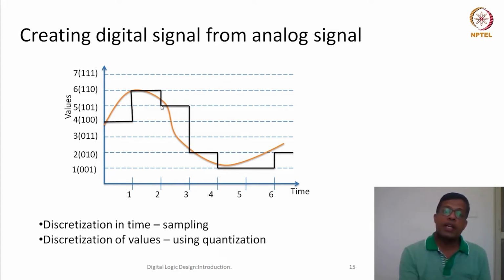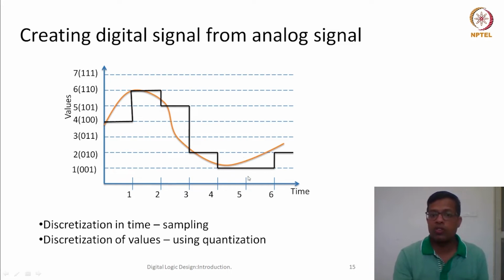we made this digital signal equal to 5 at time equal to 2, and at time equal to 3, now it is closer to 2 than to 3. It was actually between 2 and 3, but it was closer to 2. So at time equal to 3 we said the value is 2, and so on. So here we see for 4 as well as for 5, it was closer to 1 than to 2.